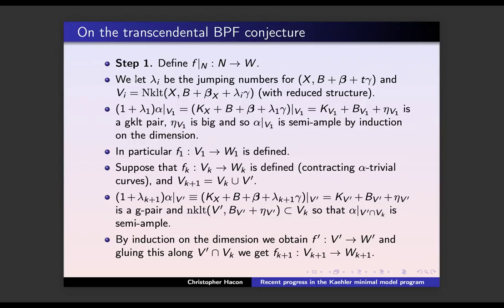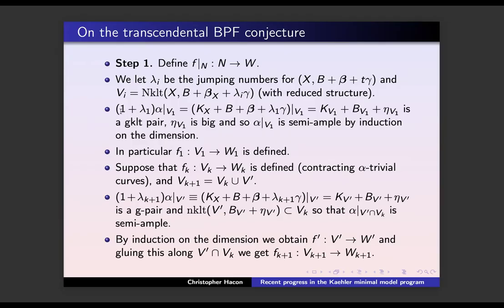So what I'm going to do is consider the jumping numbers for my pair X, B plus beta with respect to this form gamma. Remember, this form gamma has singularities exactly along the null locus. And I'll denote by Vi the non-KLT locus of X, B plus beta plus the corresponding coefficient lambda i gamma. And again, I'm not interested in any scheme structure at this point.